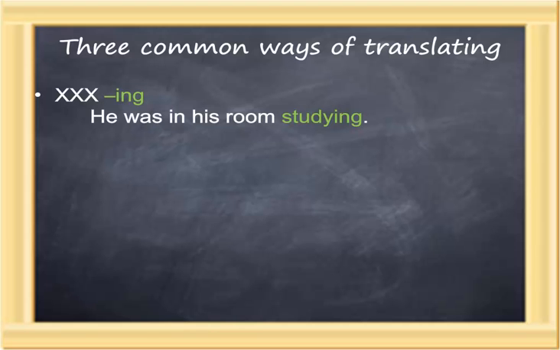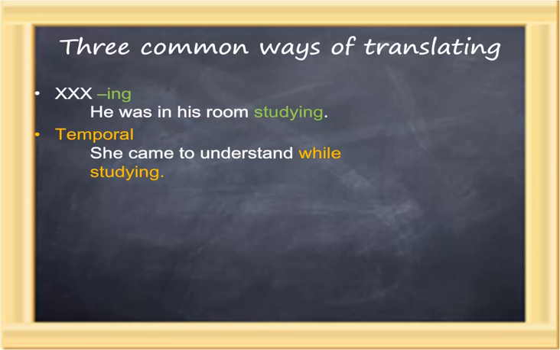So with present adverbial participles, there are three common ways of translating. One is to just add -ing to the root meaning of the word. He was in his room studying. That's an example of an adverbial participle. More commonly, though, participles of the present form that are adverbial will be translated temporally, providing the time frame within which the main action takes place.